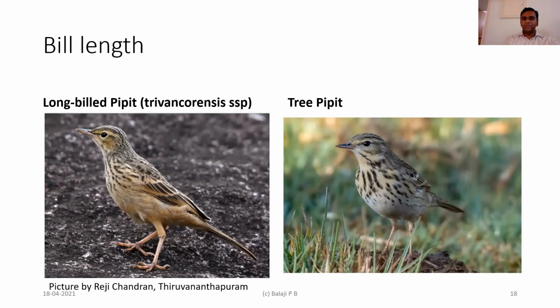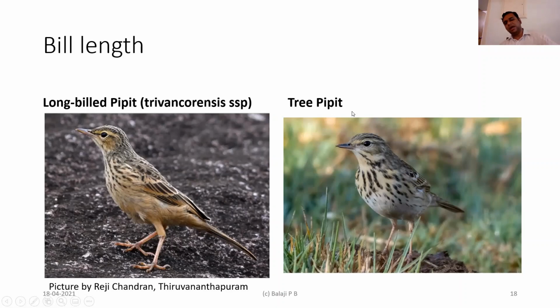The Travancorensis subspecies that we see in South India is very different from the long-billed pipit nominate species which we've seen in North India. In North India, the long-billed pipit is very different. In fact, it has no markings on the back. It's a very plain looking pipit. It's very easy to identify if it's seen in the north of the country. Whereas the Travancorensis subspecies is a very different pipit. It has very strongly colored, very extensive markings on the back and on the chest as well.